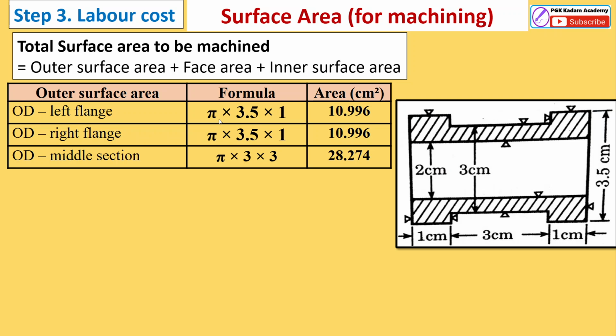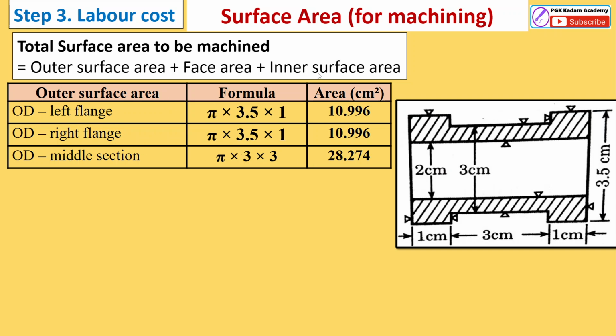We find pi into 5 into 1. Another right flange area is pi into 0.5, where this is the diameter. For the middle section area, pi into 10.99. For the round surface, I use this formula to find the area. The outer surface area is 28.2.